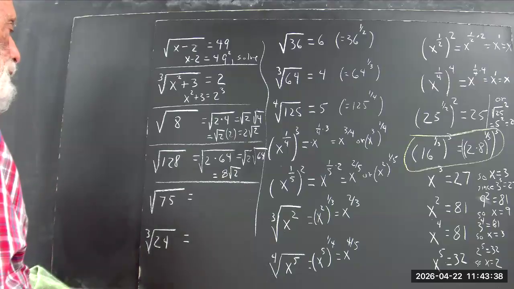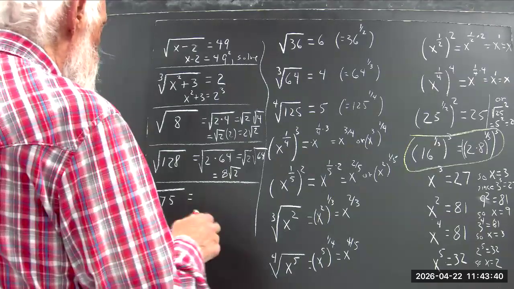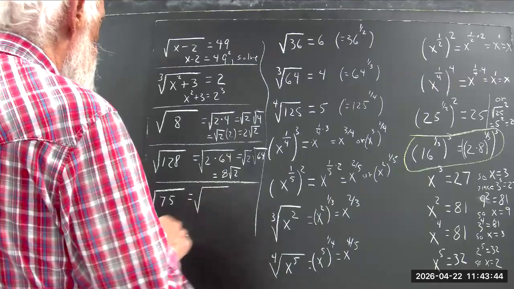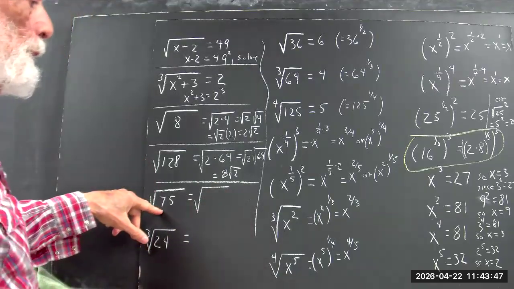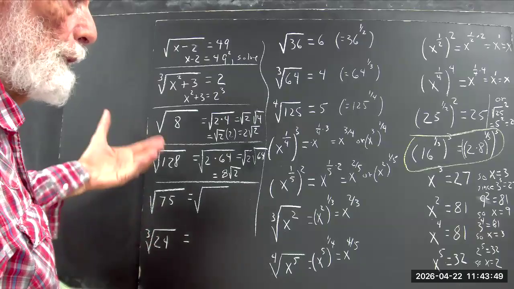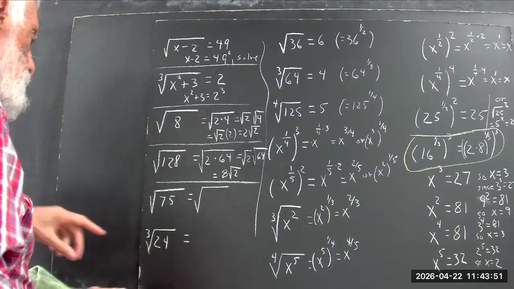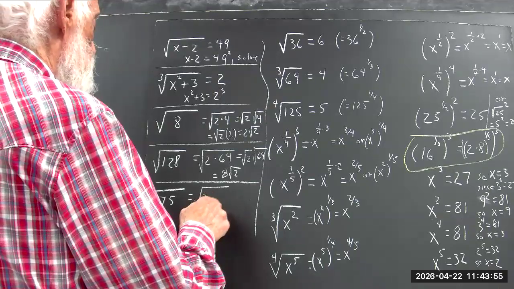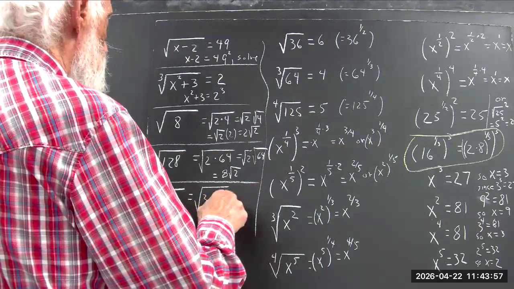How about the square root of 75? Well, it's not divisible by 2 into a whole number. So we could divide by 2, but it'd be 2 times 37.5. We don't want fractions. It makes things more complicated. If we divide by 3, we get 25. So this is the square root of 3 times 25.